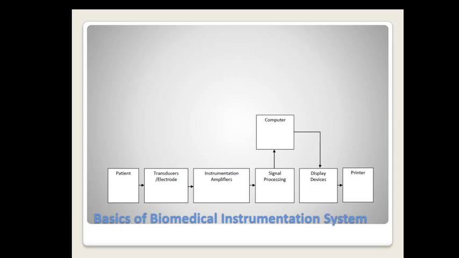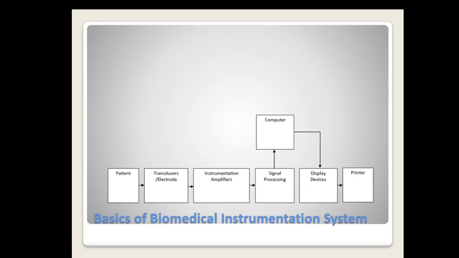The basics of biomedical instrumentation system. The patient is nothing but the input stage, the subject where we want to diagnose or do experiments, and so it's a primary sensing element. It's sensed by a transducer or electrode, and this is amplified by instrumentation amplifiers.